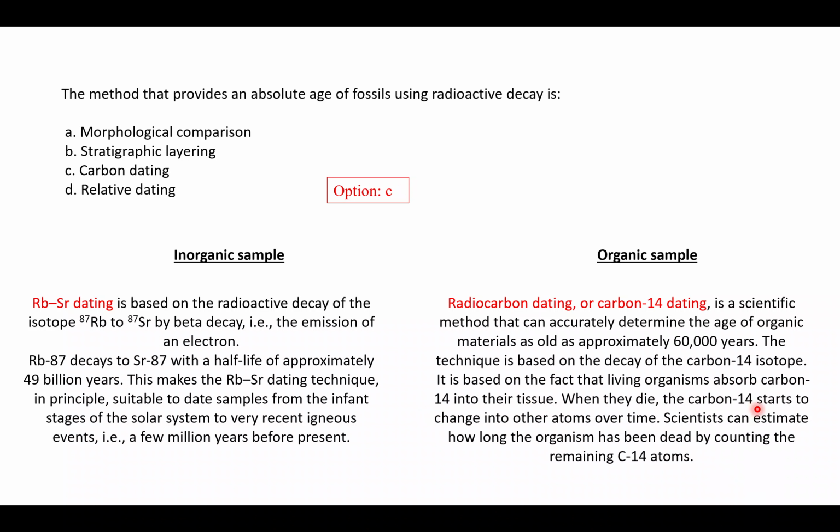When they die, this carbon-14 starts to change into other atoms over time, that is, it starts to degrade gradually. So scientists can estimate how long the organism has been dead by counting the remaining carbon-14 atoms. During the lifespan of the organism, they absorb carbon-14. As soon as they die, they start losing this carbon-14. By calculating how much carbon-14 is remaining, you can figure out how long this organism has been dead. That is called radiocarbon dating or carbon-14 dating.